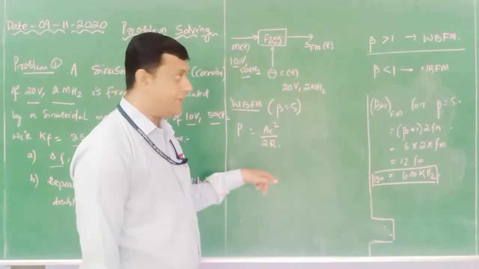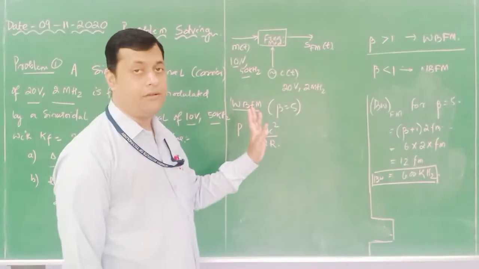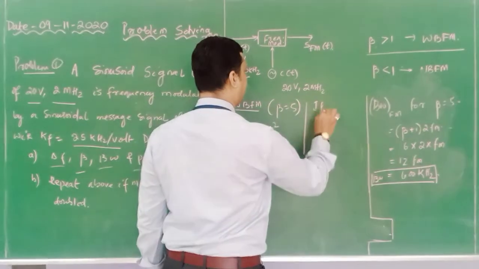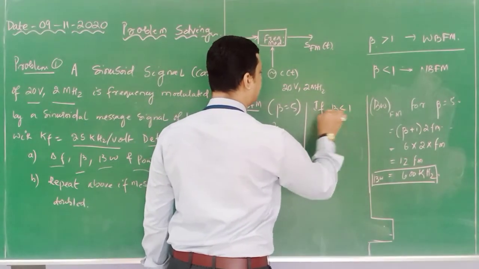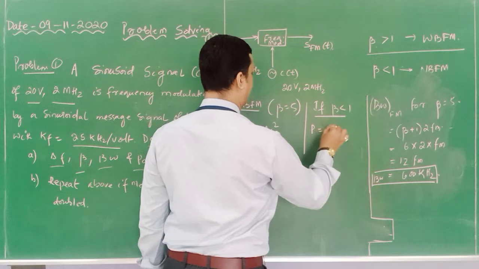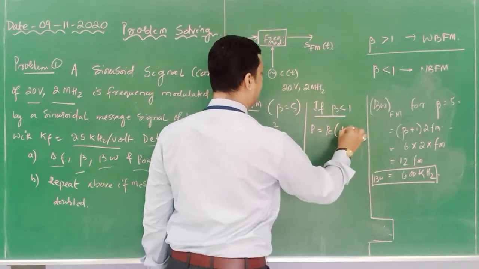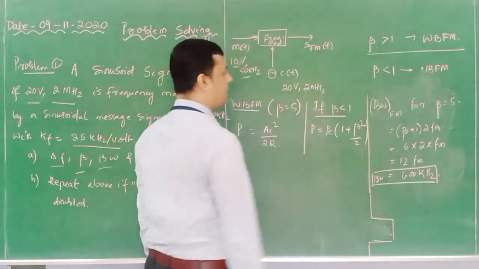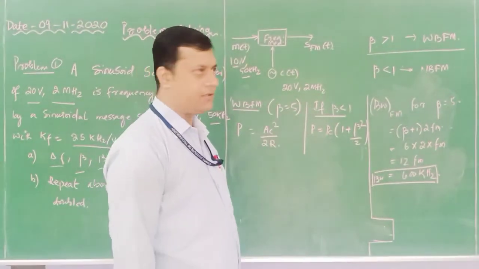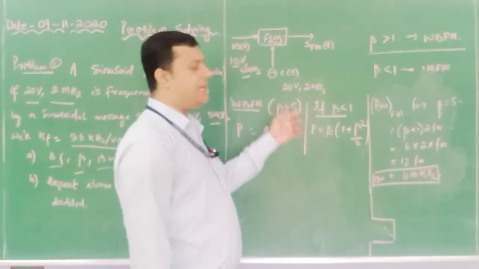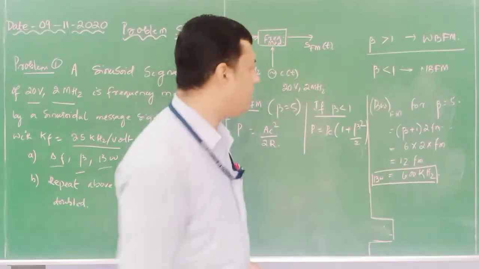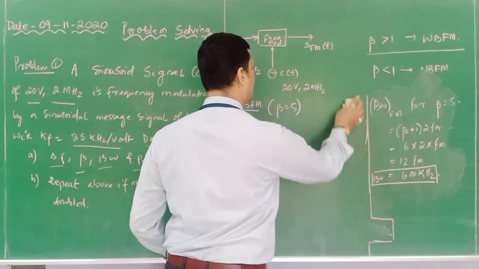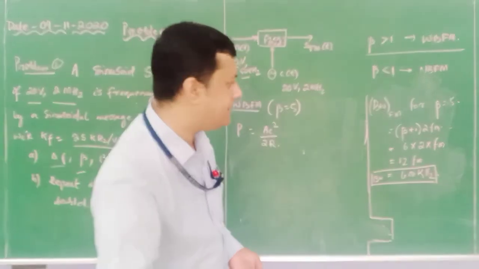But if it is NBFM, if beta value is less than 1, in that case it is Ac square by 2R into 1 plus beta square divided by 2. Like this we can write. Since beta is greater than 1, we will not go for this relation. This is for NBFM. We are discussing WBFM signal.